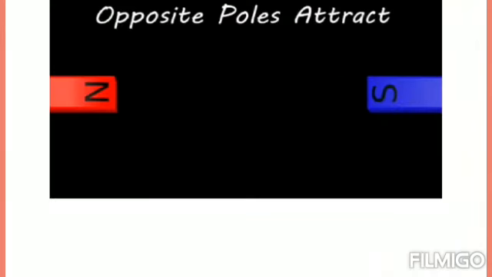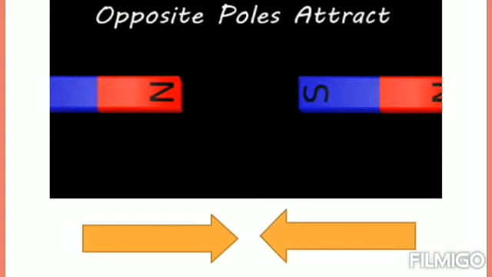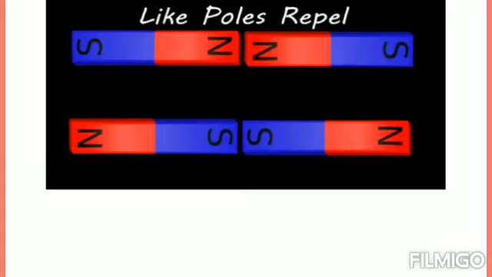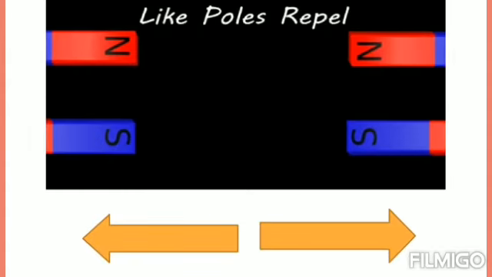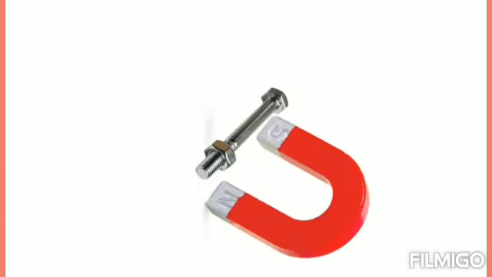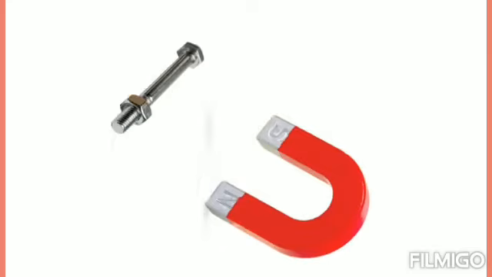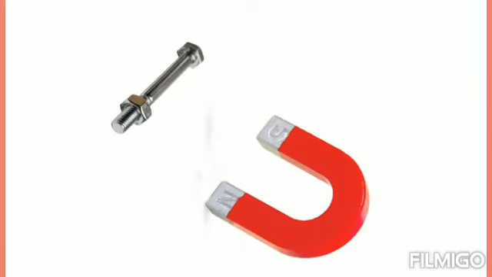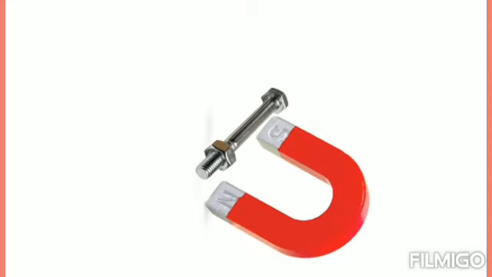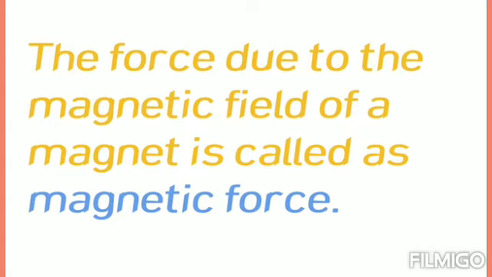You also know that unlike poles of a magnet attract each other, whereas like poles of a magnet repel each other. Now, do you think there is any force acting between the iron nail and the magnet? Yes, it is the magnetic force which attracts the iron nail towards the magnet. The force due to the magnetic field of a magnet is called magnetic force.